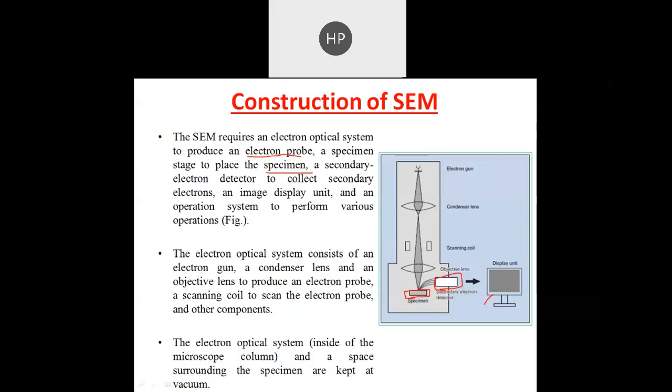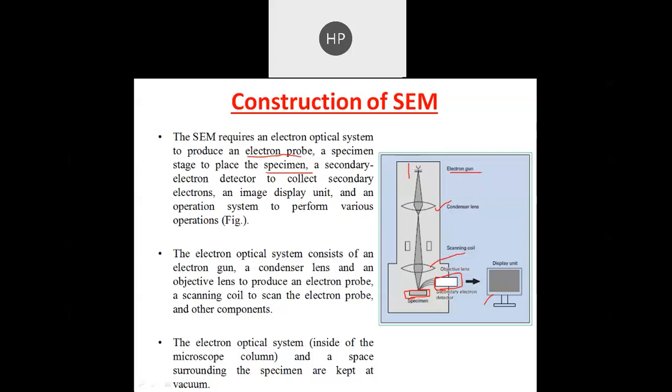The electron optical system consists of an electron gun. Now we talk about only this electron optical system. In that we have an electron gun, a condenser lens, and an objective lens to produce an electron probe. So this is the system of electron generation.